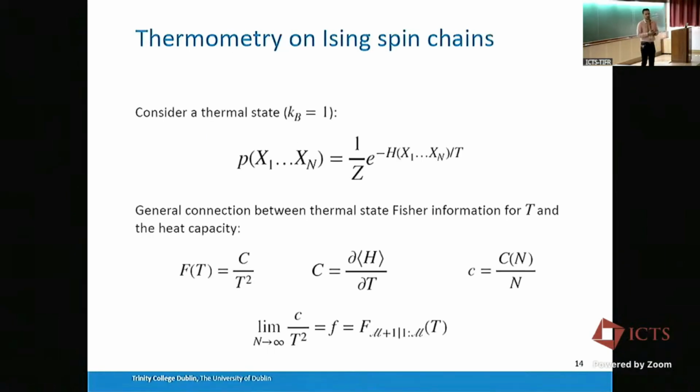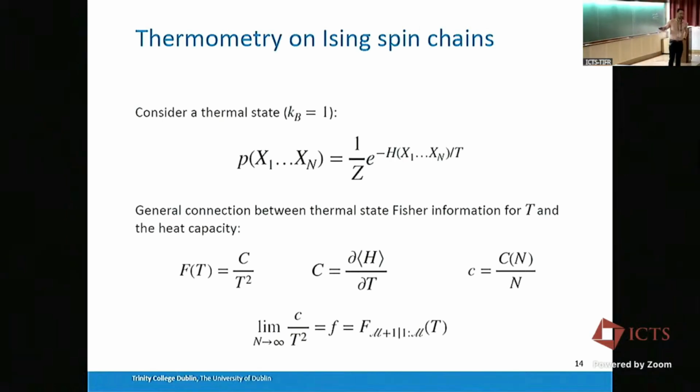So before I go to the open quantum systems, what we did first is a very simple example that comes to mind: thermometry on a spin chain, where you think of scanning through the spin chain. This is sort of neat because there's some thermodynamic interpretations to doing this. So as it turns out, think of a spin chain which is in a thermal state, and you're trying to estimate the temperature.